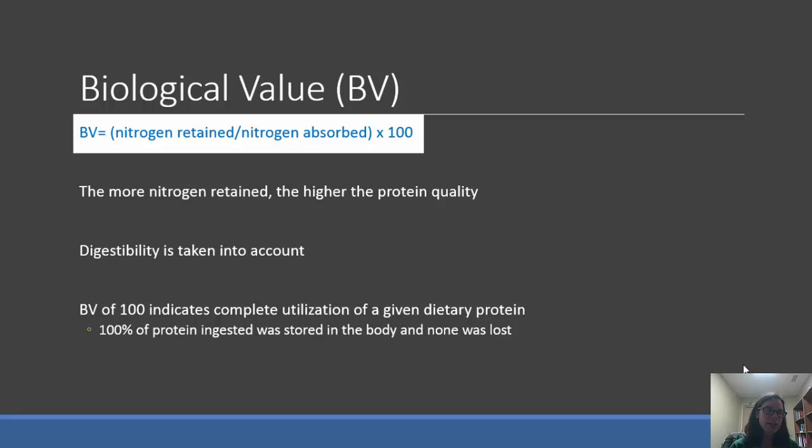So the more nitrogen that's retained, the higher the protein quality. And this method is nice because it does take digestibility into account, or how much is absorbed. So a BV of 100 indicates that there's complete utilization of a given dietary protein. None was lost.